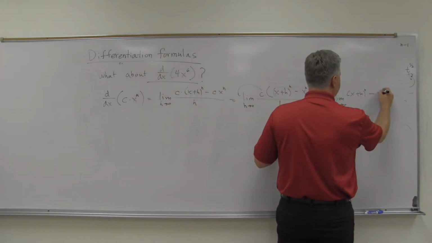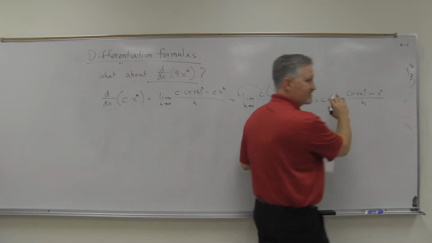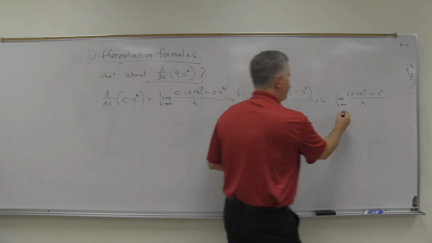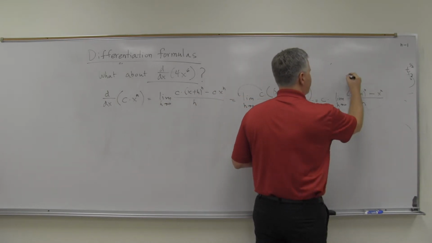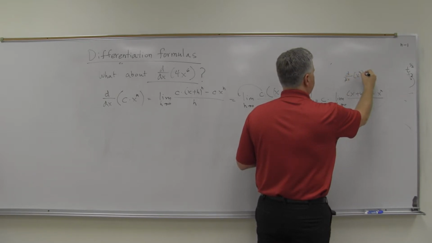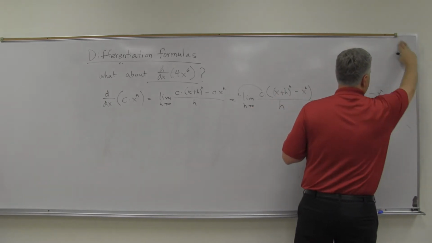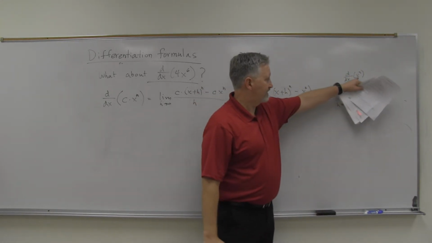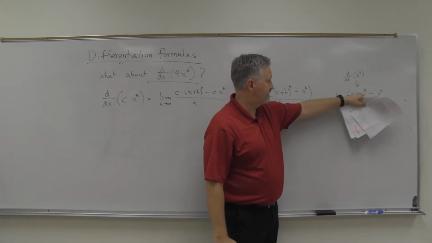And this right here is the derivative of x to the n. If you think about it, that's what the derivative with respect to x of x to the nth would be, because it's (x plus h) to the n.